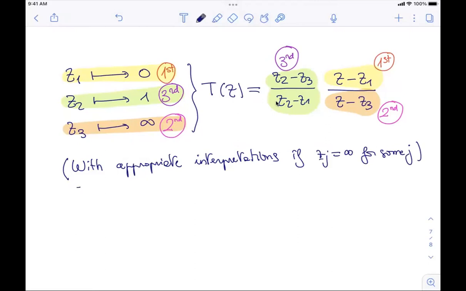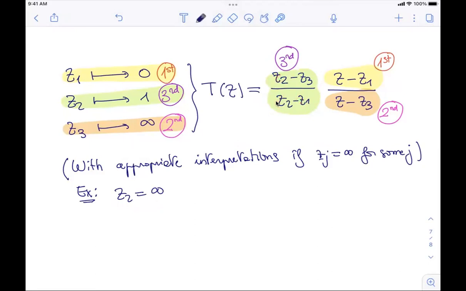For example, if Z2 is infinity, what happens? Well, when we look at this term, we are saying infinity over infinity, but we agreed in complex analysis, this is a calculus one student's dream. You can just simplify and say, well, this is 1.